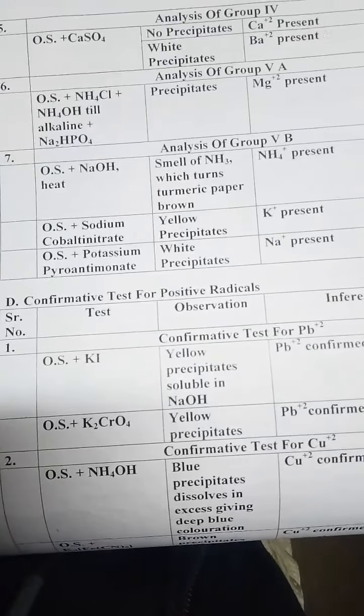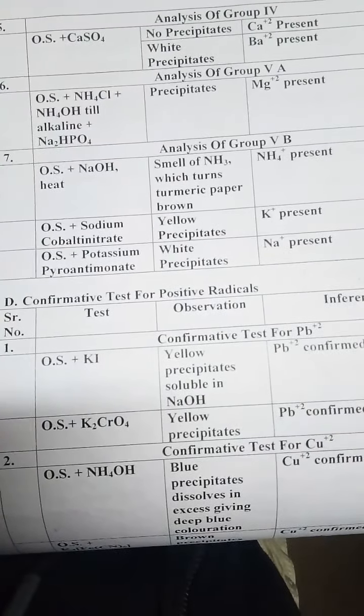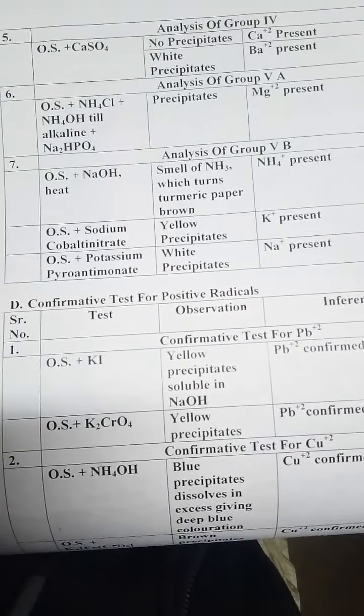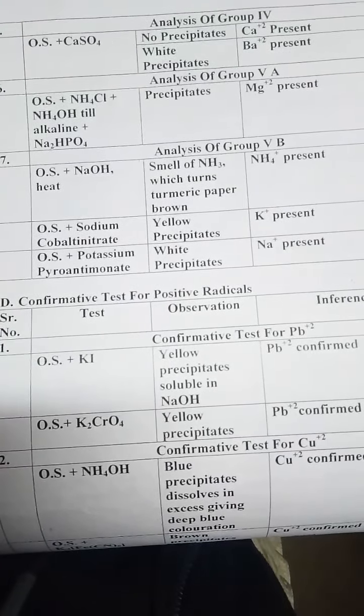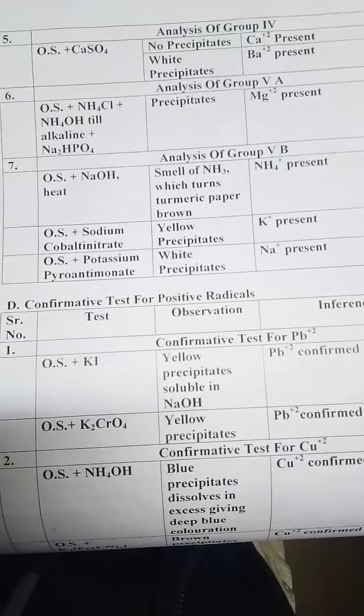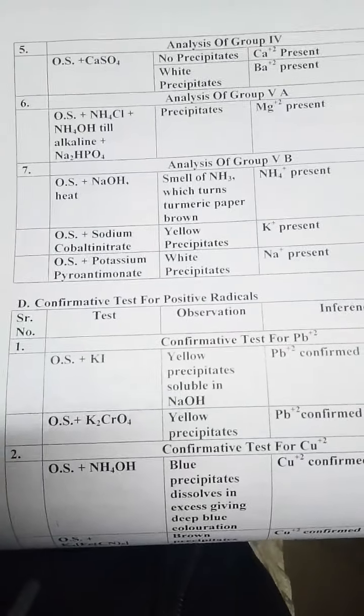First we have OS plus NaOH plus heat. If there is a smell of ammonia which can turn turmeric paper brown, then NH4+ is present. So now we are going to perform the test for NH4+. We take a small amount of OS, add sodium hydroxide NaOH, and heat it.